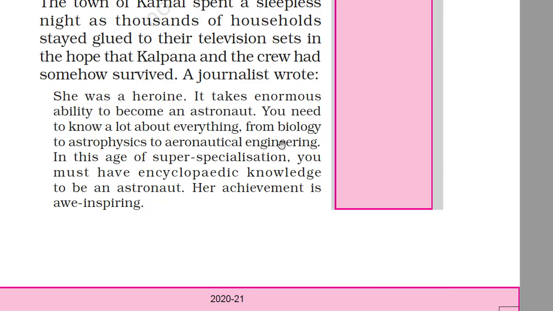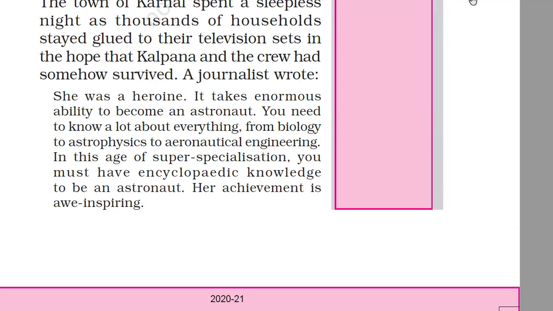The journalist wrote that she was a heroine. It takes enormous ability to become an astronaut. You need to know a lot about everything from biology to astrophysics to aeronautical engineering. In this age of super specialization, you must have encyclopedic knowledge to be an astronaut. Her achievement is awe-inspiring.